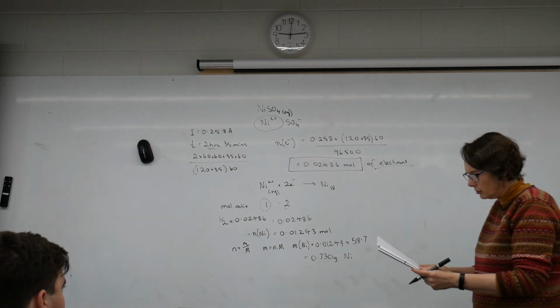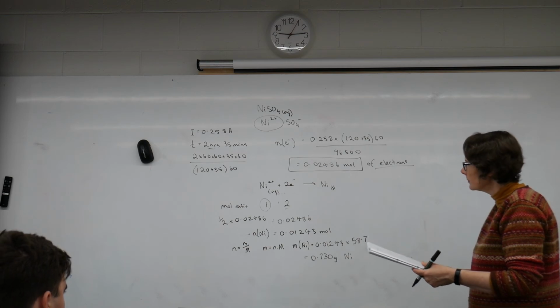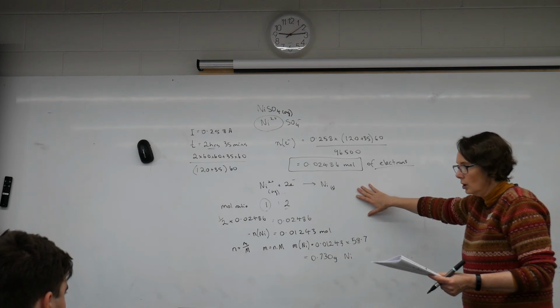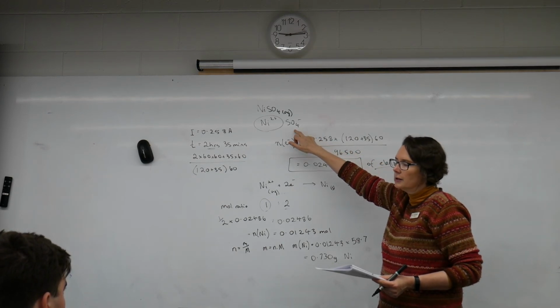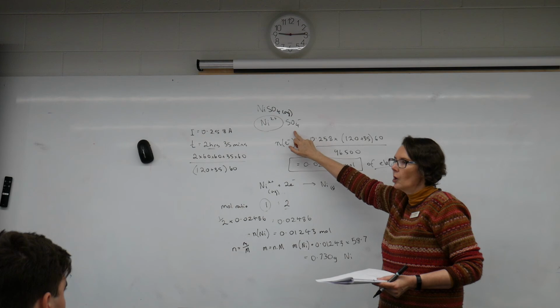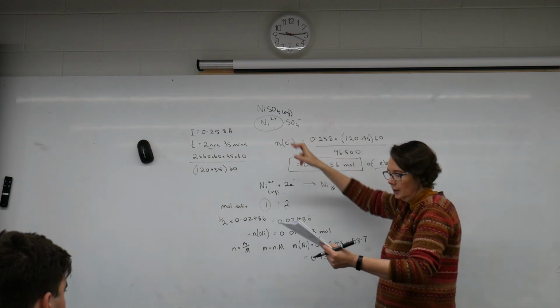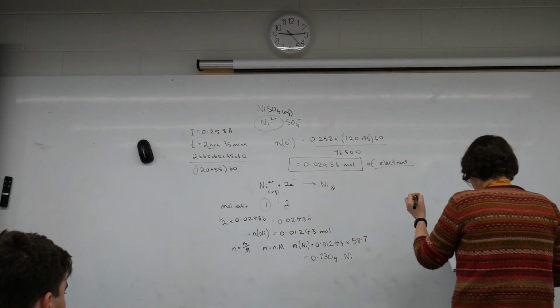Now for part B, we're also asked to determine the mass of oxygen being produced at the anode. So this is our reaction at the cathode. We know that we're not going to be able to oxidize the sulfate, and so that means we will be oxidizing the water that's present, and we want to look at our half equation for that.